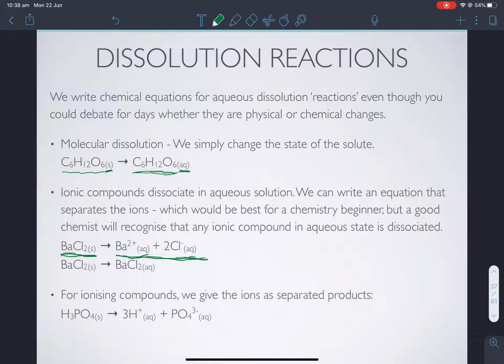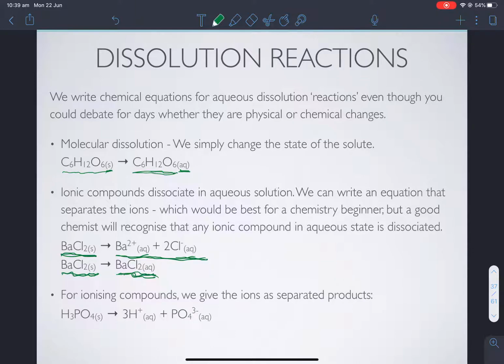Chemists often write this and can do it in a shorthand way. We will sometimes write it as barium chloride solid going to barium chloride aqueous, the same as if we do molecular dissolution. But a chemist will have enough skill to look at that barium chloride and the aqueous state and know that barium chloride is soluble and go, oh, well, I know that they're dissociated.